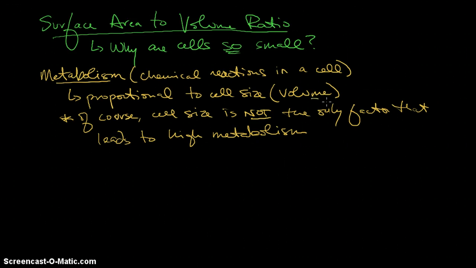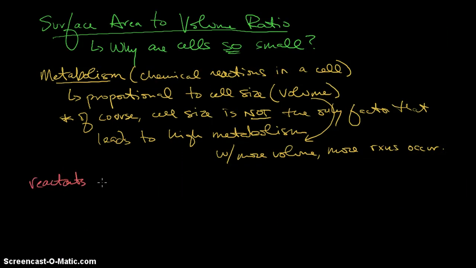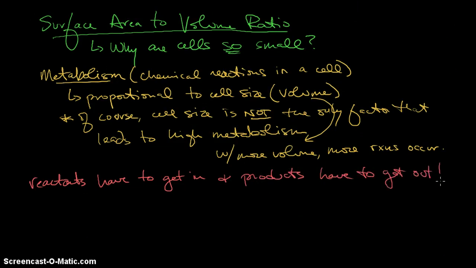But essentially, what this volume allows for is that with more volume, more reactions occur. Which is kind of interesting to think about, but we have to remember that reactants have to get into the cell, and products, some products, have to get out.